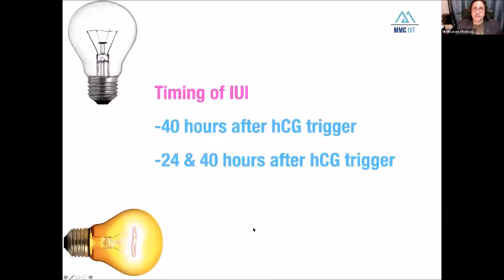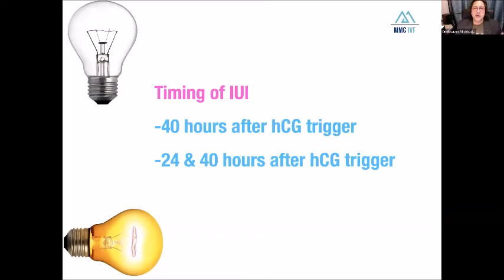Another concept that has completely changed from 1978 to 2020 is the timing of IUI. We were all taught as students that if you're doing a single IUI in a cycle, it should be done 36 hours from HCG injection, when the follicle releases the egg.